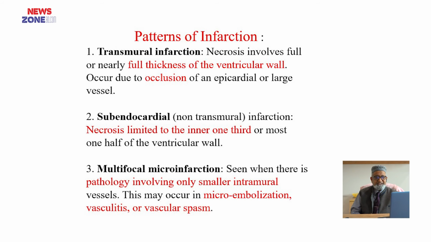Subendocardial infarction necrosis is limited to the inner third or at most one half of the ventricular wall. Multifocal infarction is seen where there is pathology involving only the small intramural vessels. This may occur in microembolization, vasculitis and vascular spasm.